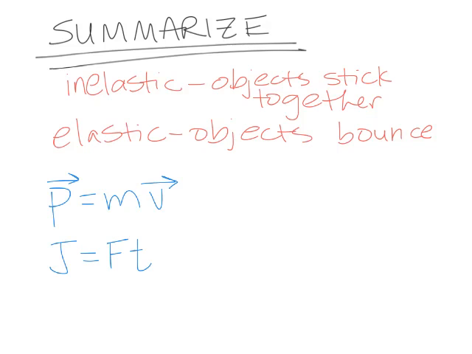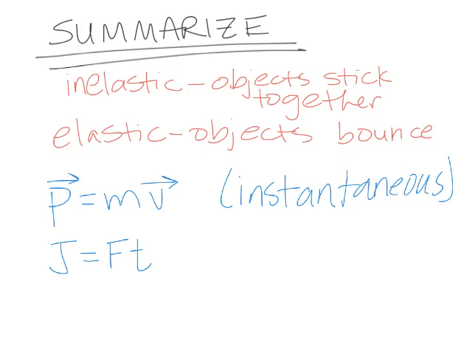An impulse would be force times time, or remember that there was a difference between momentum and change in momentum. Regular momentum was more instantaneous, while an object's impulse referred to a change in momentum, so that took place over a period of time.